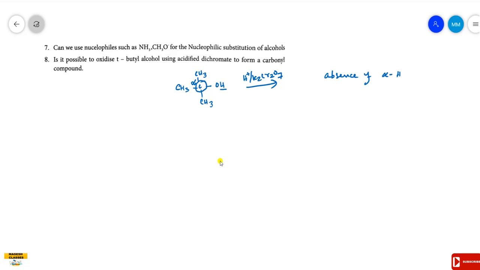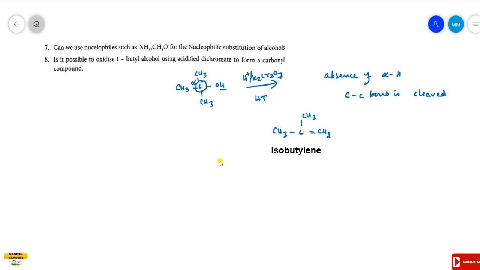But it is possible under high temperature. When high temperature is applied, the carbon-carbon bond is cleaved. One hydrogen is removed from the methyl group, so you get the product isobutylene.